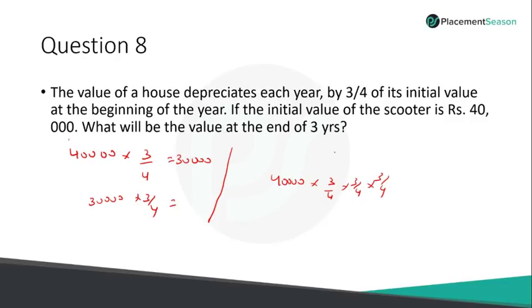You can just use the formula: original value into the depreciation rate to the power n, so this is 3 by 4 to the power n. Every year it is being depreciated from the current value, right? So the answer must be 16,875.